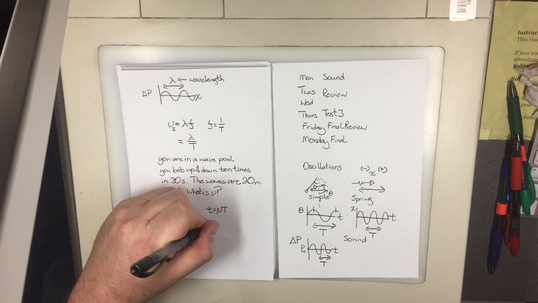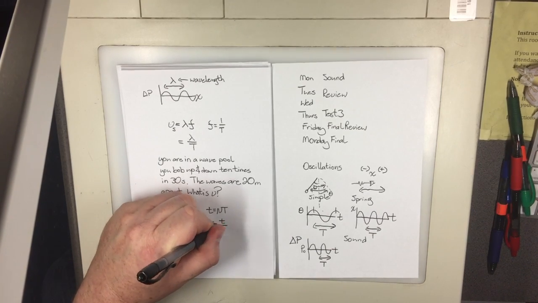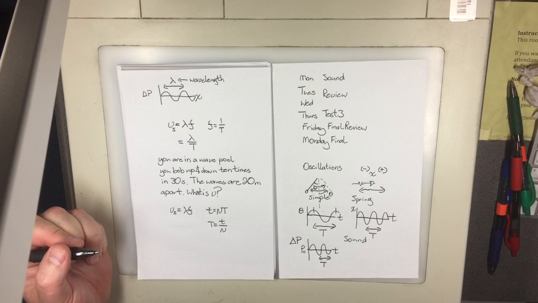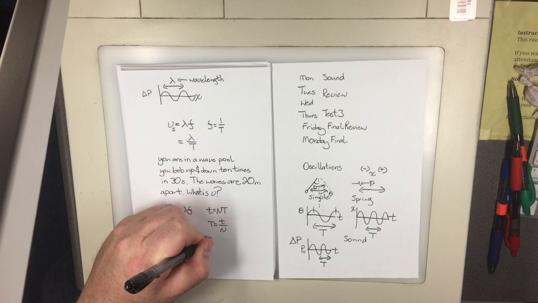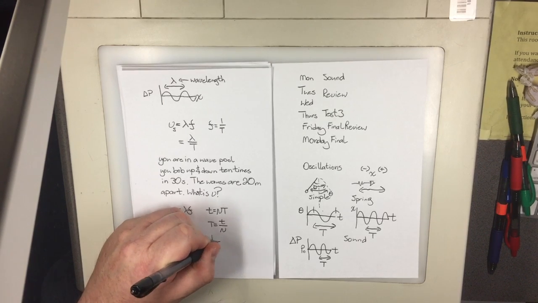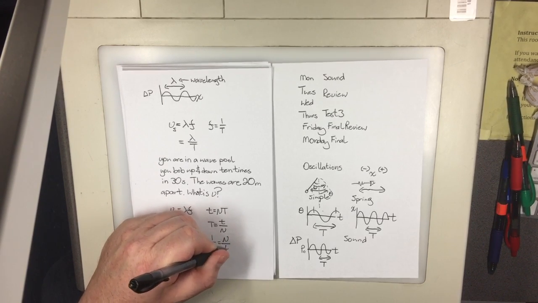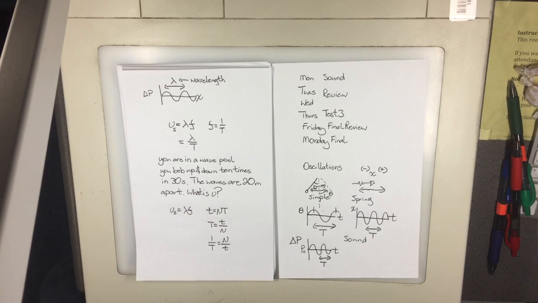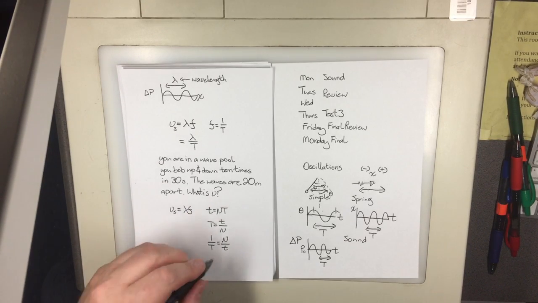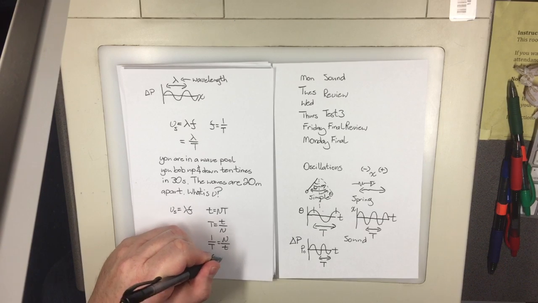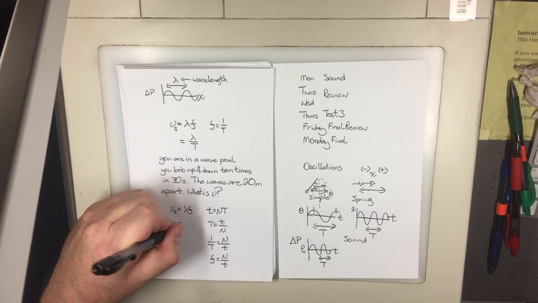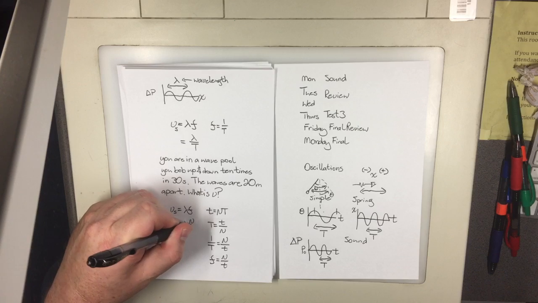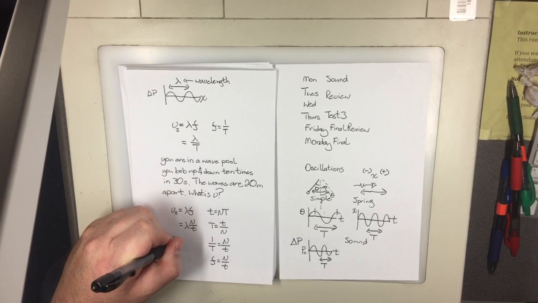We can get the period to be the total time divided by the number of oscillations. 1 over period is n over t. We're just taking the inverse. And 1 over t is frequency. So we write that out, substitute it into there, and then lambda is equal to n divided by total time.